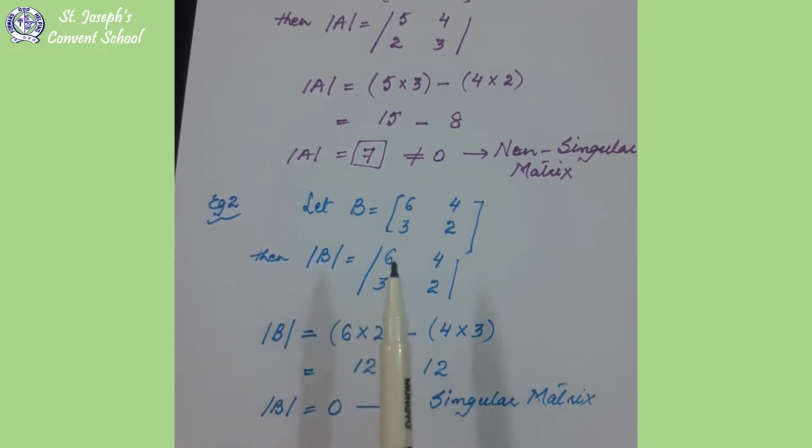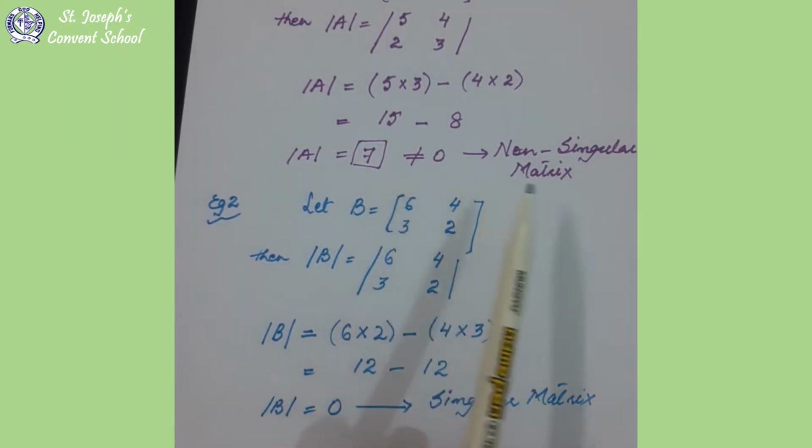So easy it is, determinant, first into last, 6 into 2 minus 4 into 3. So 12 minus 12 is 0. The answer is 0, so it is known as a singular matrix. If the answer is not equal to 0, it is known as a non-singular matrix. So for the MCQs also, you have to learn what singular and non-singular matrices are.